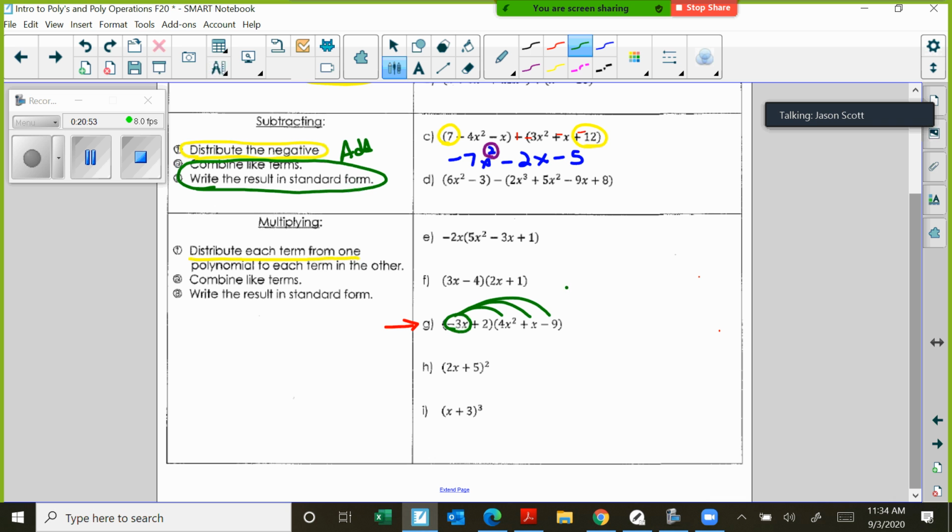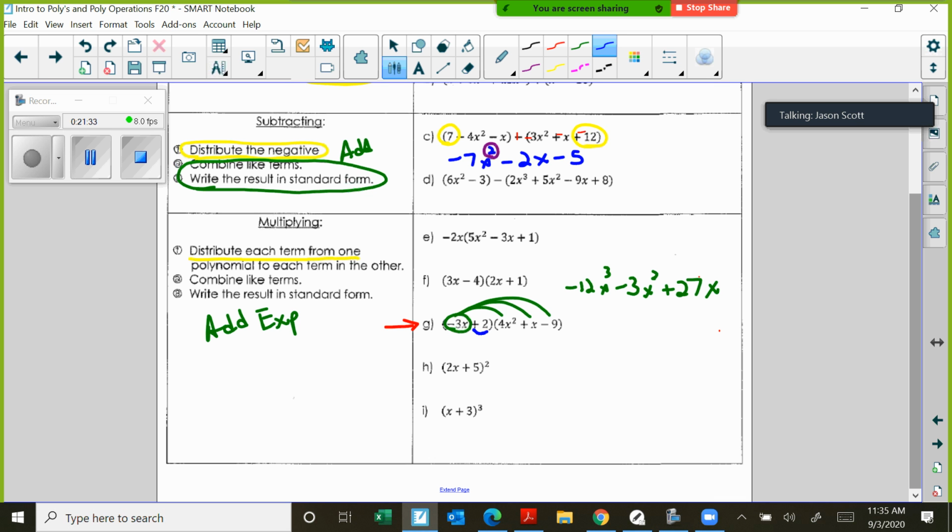So that will be negative 12x to the 3rd power, because we add exponents when we're multiplying. Negative 3x squared and positive 27x. Now, what you're going to see me do next is different. I don't know if your teacher did this last year with you or not, but I'm going to group my like terms as I'm doing the problem.